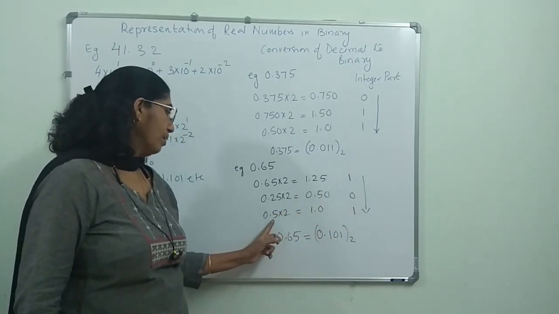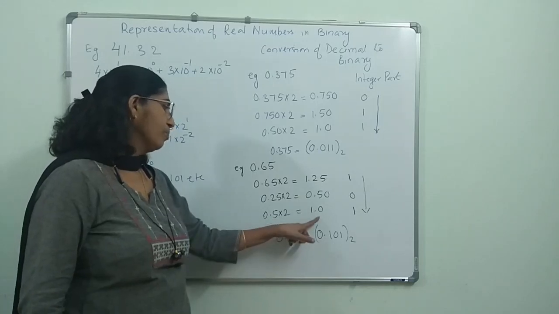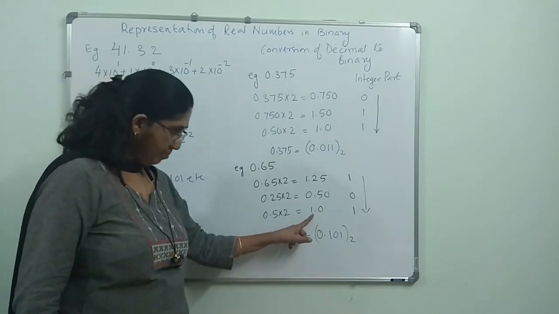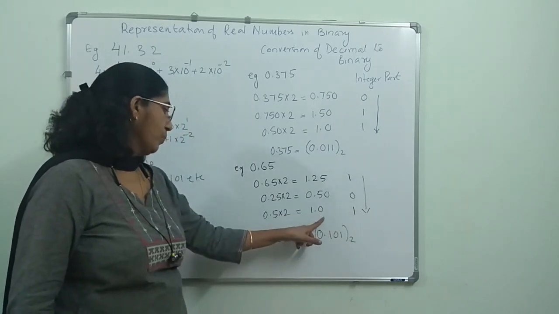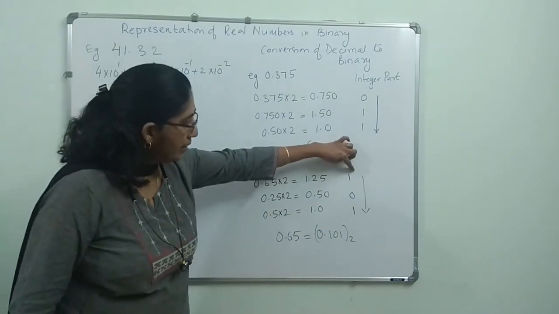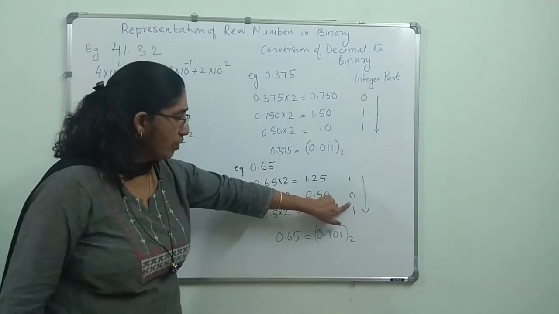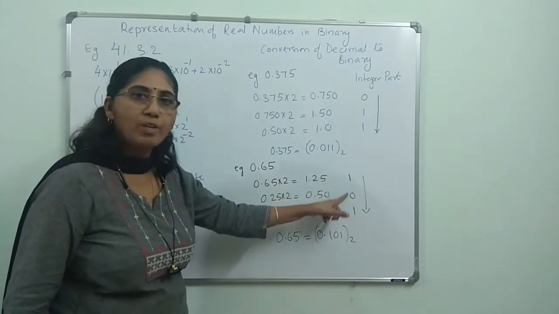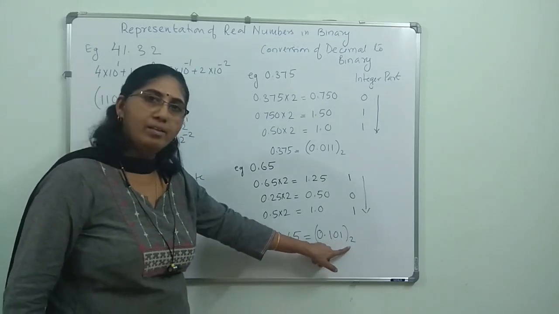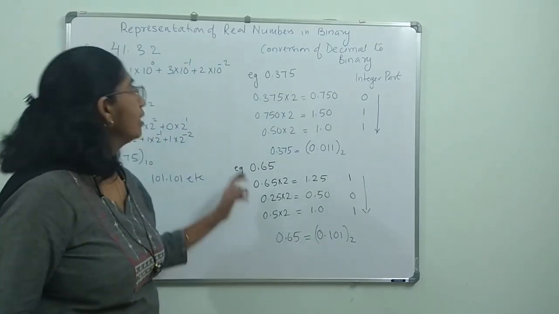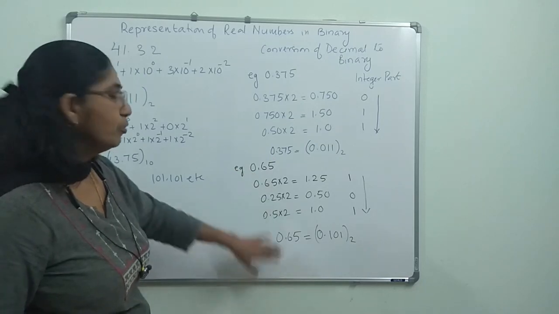The remainder 0.5 into 2 again, I get 1.0. Integer part is 1. I will write it here. So again I will read it from top to bottom: 101. After the decimal point it should be 101, so 0.101 in binary. So this is how you convert a decimal fraction to binary.